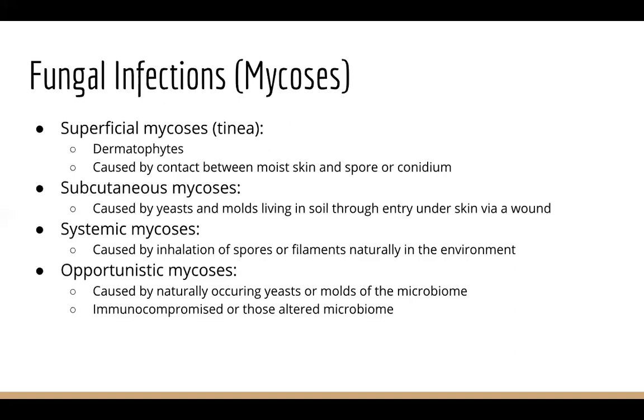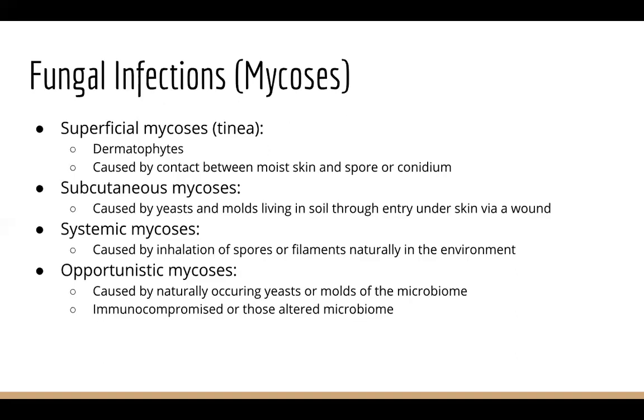This again can happen through inhalation of cells or spores, and it's important to note that this can happen as a superficial, subcutaneous, or a systemic mycoses. All three of those can happen. Some examples of these are Candida albicans, which is typically what causes candidiasis or thrush.